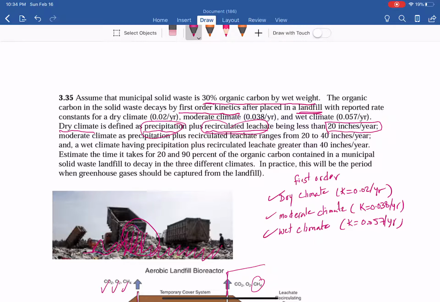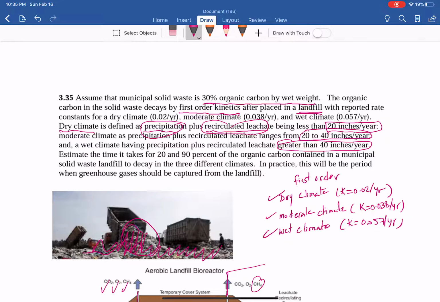Moderate climate is precipitation plus recirculated leachate ranging from 20 to 40 inches per year. While wet climate has precipitation plus recirculated leachate greater than 40 inches per year. So we have dry, moderate, and wet climate, and he defined each one of them.